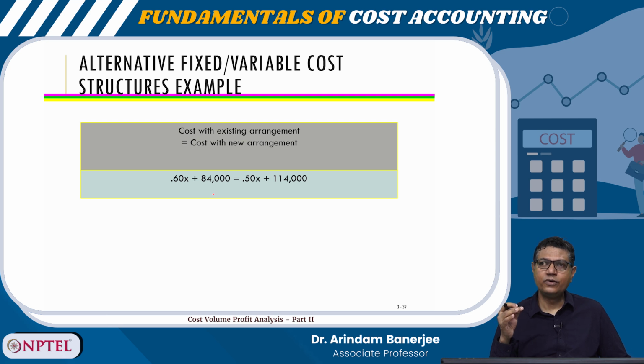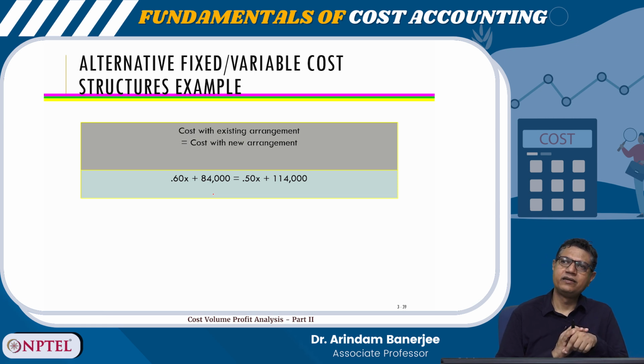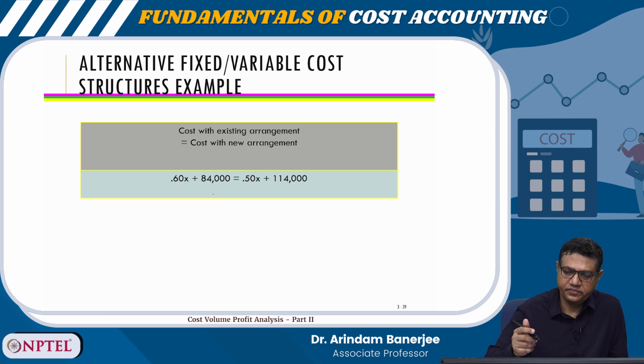That means if my production moves to the higher side, the cost structure where the fixed cost weightage is high will be more beneficial. And if my production level is low, then it is better for me to keep the fixed cost at a lower level and keep a large part of the cost variable. Fine.